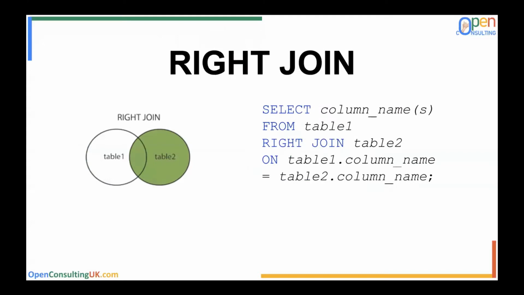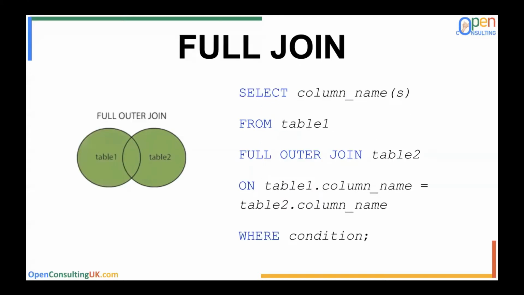Right join. It returns all records from the right table and the matching records from the left table. And the next one is full join. It returns all records when there is a match in either the left or right table.